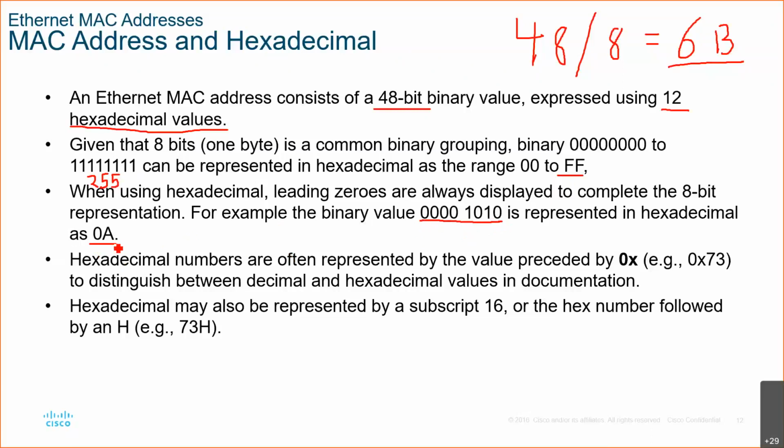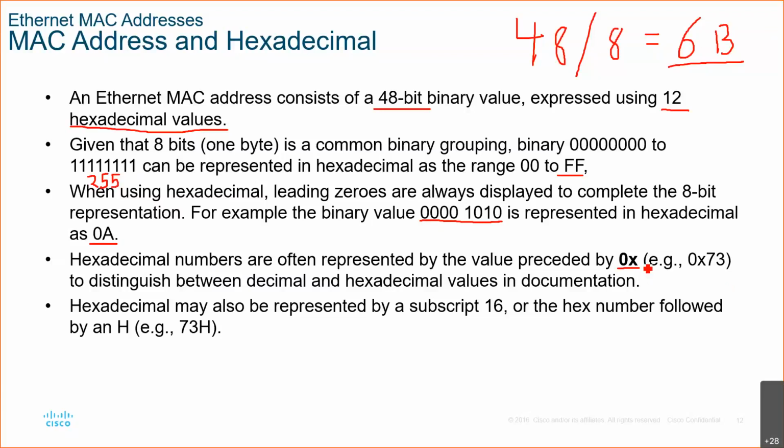Another thing you should remember is that a hexadecimal number is often represented with a 0x prefix, so you know that this is a hexadecimal value. Remember, hexadecimal is base 16.